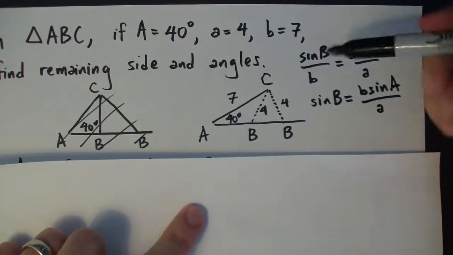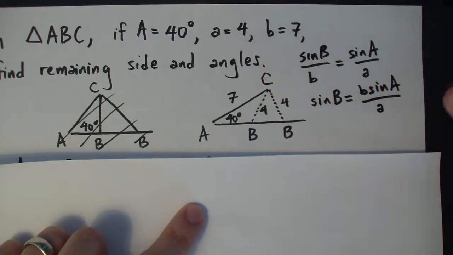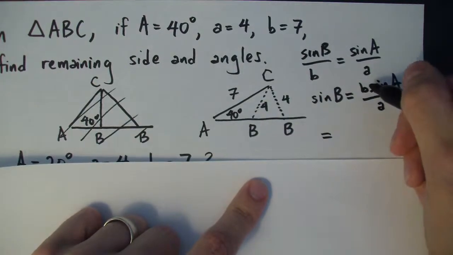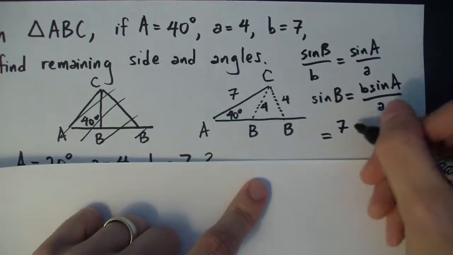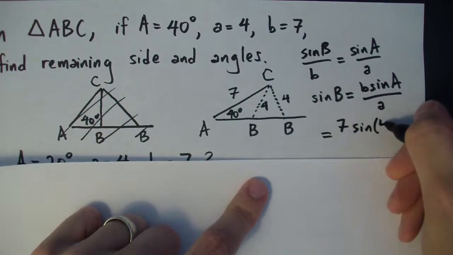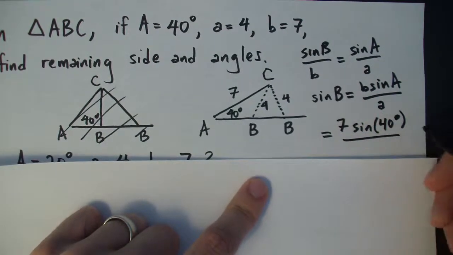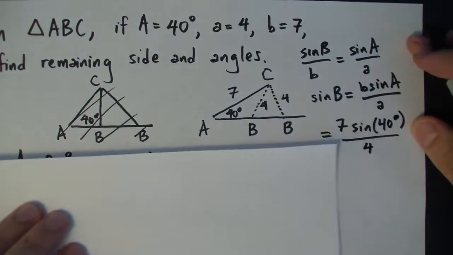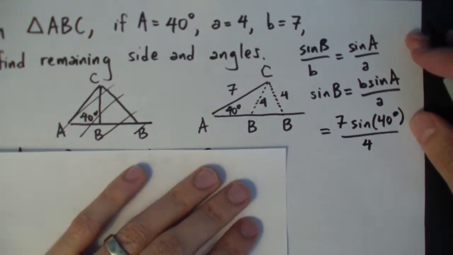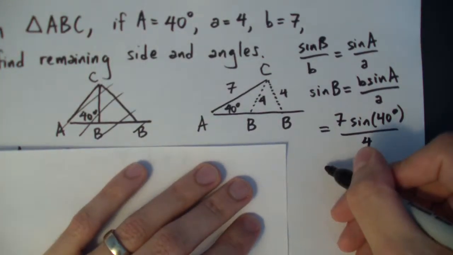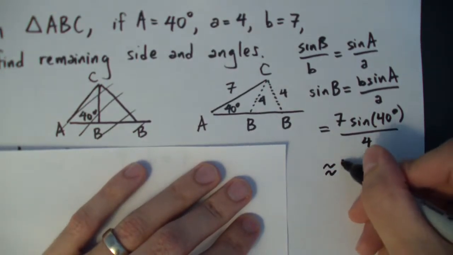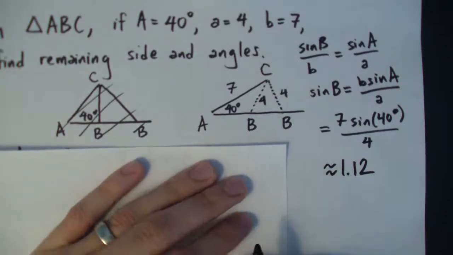And this is all information I'm given. I've been given b, I've been given a, and I've been given angle A. So if I write this out, well, b is 7, and A is 40 degrees, all over side a, which is 4. And when I compute that, what I get is that this is approximately 1.12.